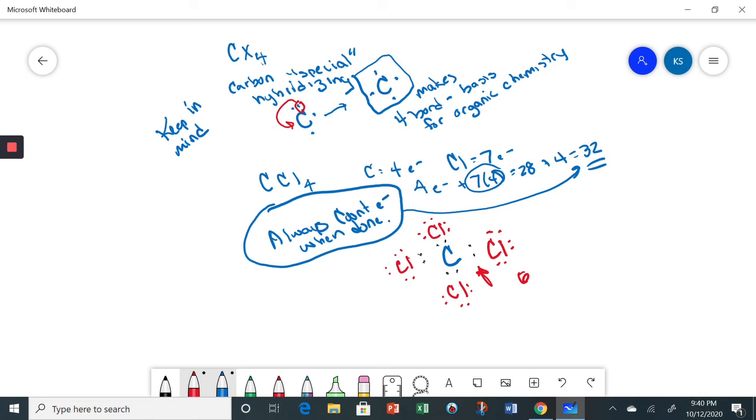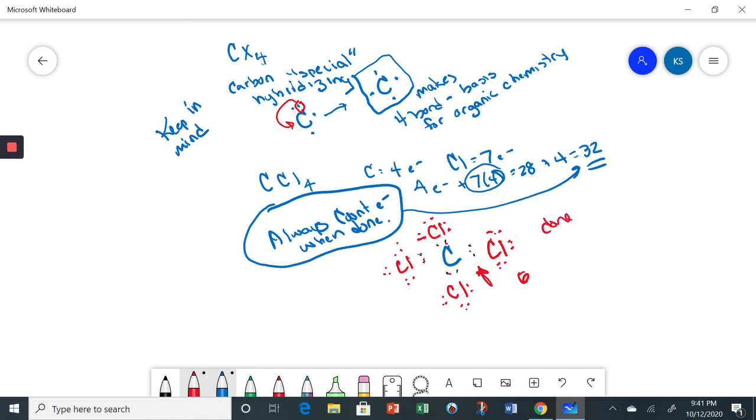So between these, chlorine has 8 electrons. So it's happy. Now I'm going to count 2, 4, 6, 8, 10, 12, 14, 16, 18, 20, 22, 24, 26, 28, 30, 32. I have 32 electrons, so I am done.